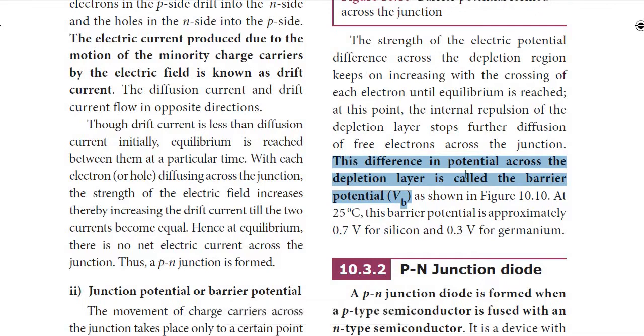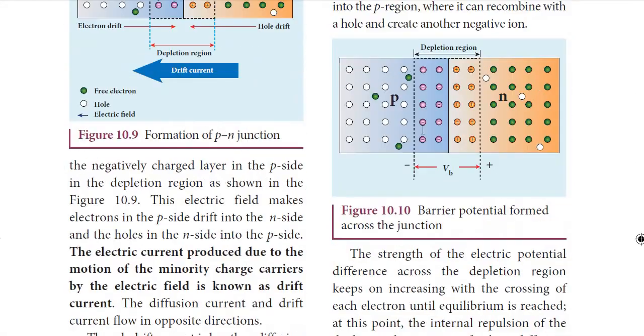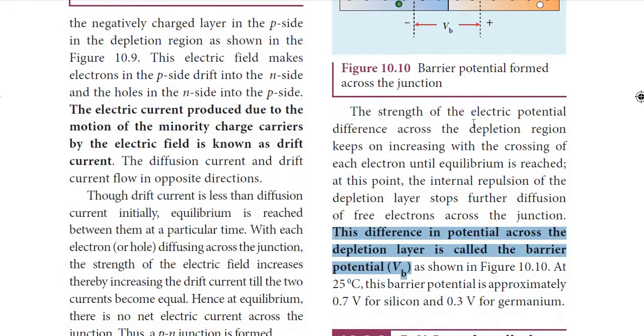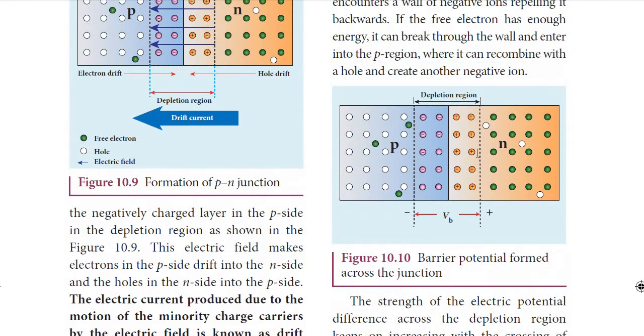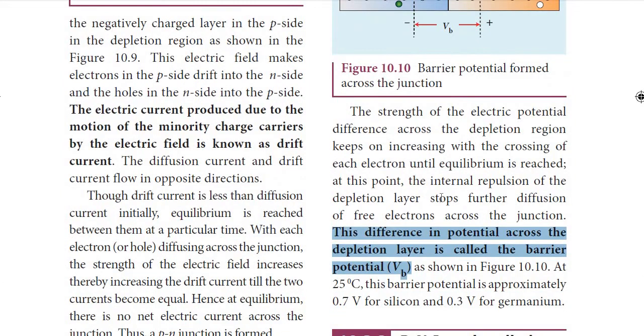Here, this is the barrier potential, the potential difference across the depletion layer. Here is positive potential and here is negative potential.